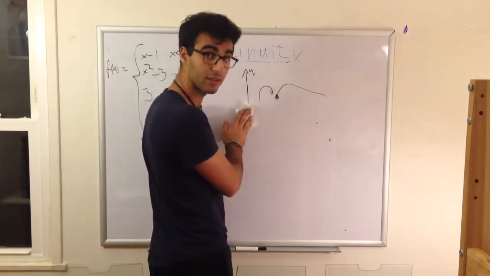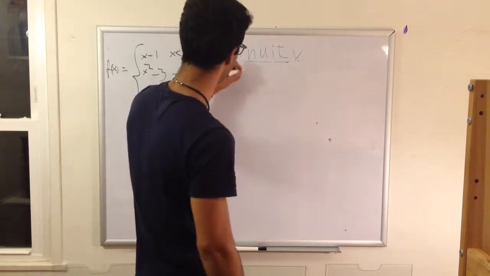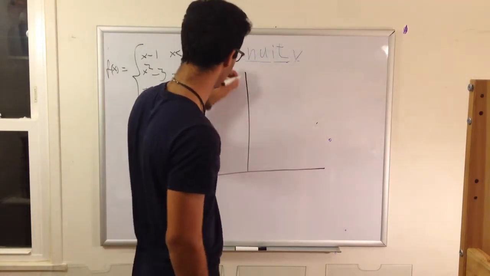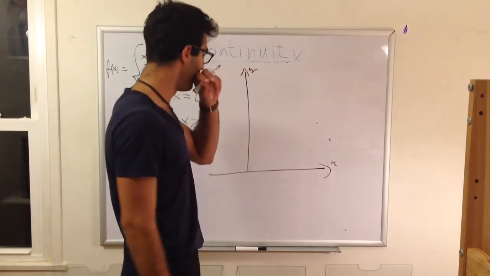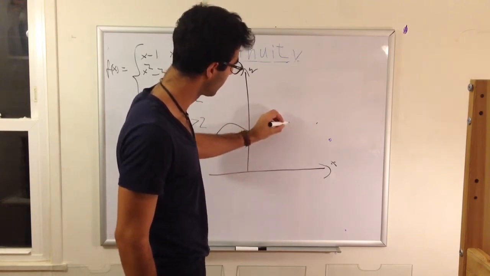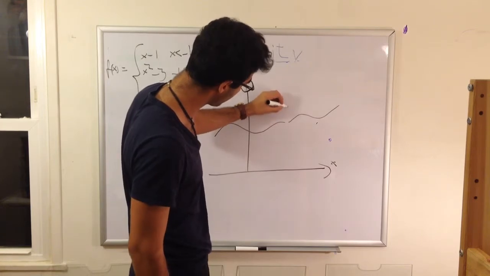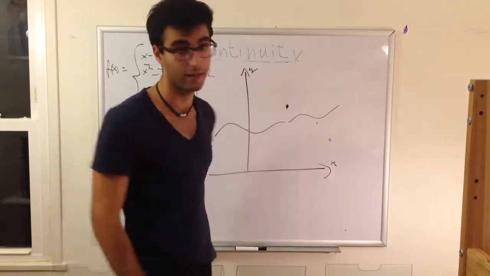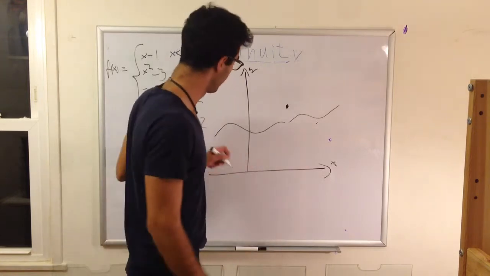But there is another case too, and that is this one. We have our y, we have our x, and let's say we have a function here, and some more function there, and at this point we have something else. What is happening right here? Is it continuous or not?